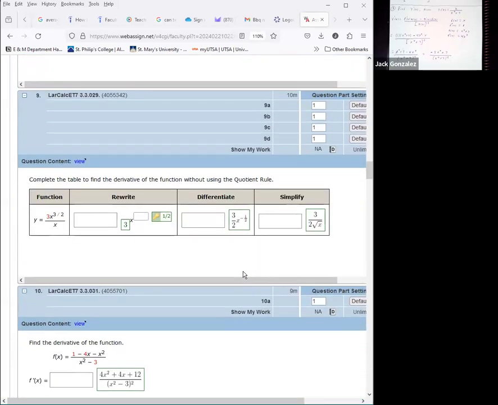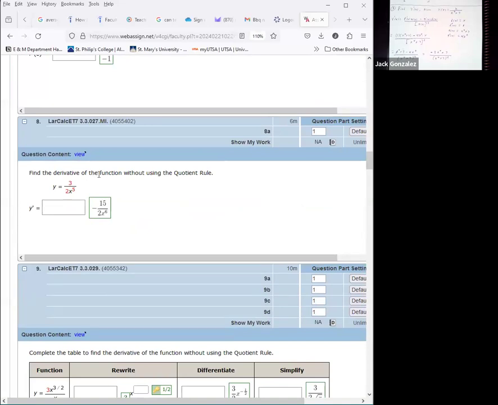Number 9. Number 8, it's up to you. It says without quotient rule. Do you see what they're saying, or how this could be much easier without it?